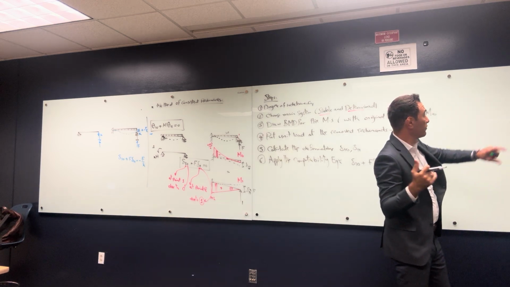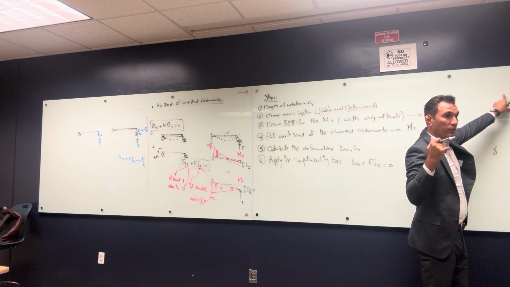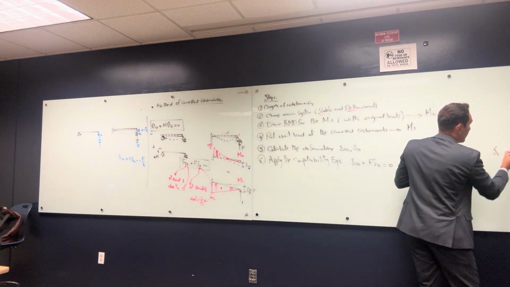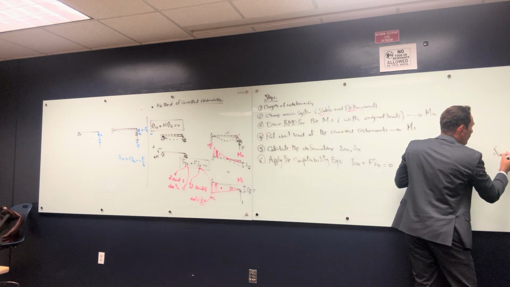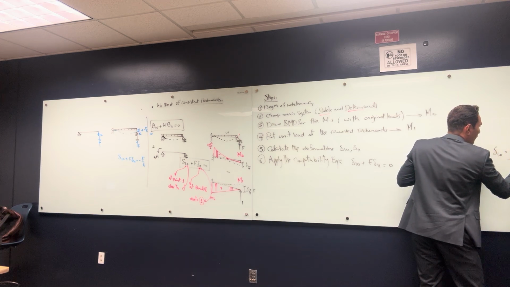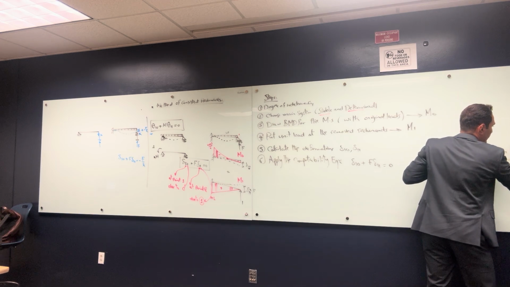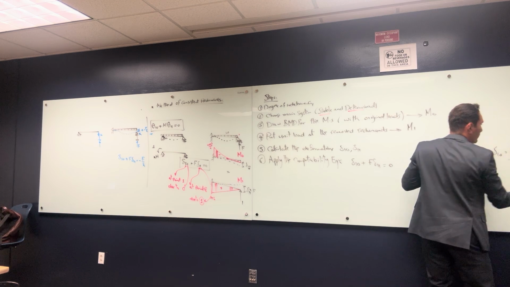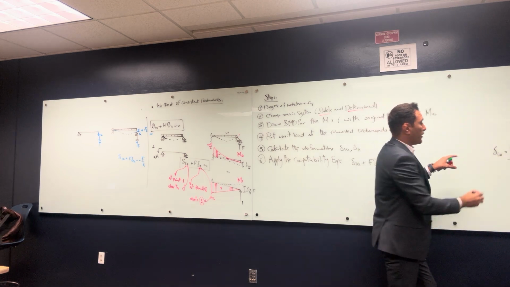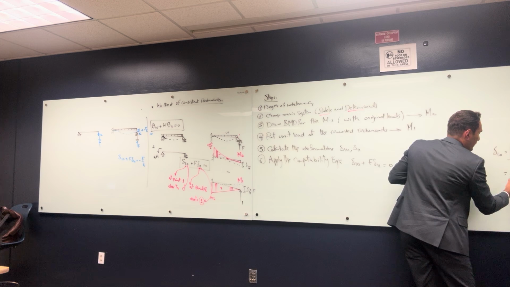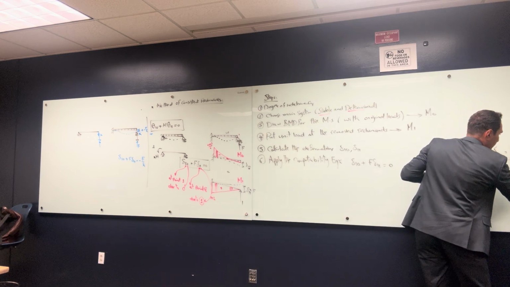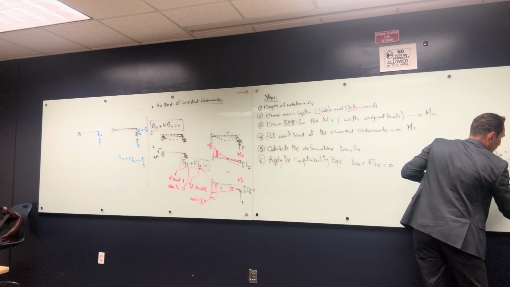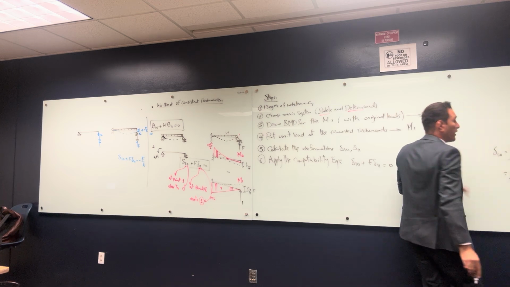I use the tables, and do you guys remember the tables? It's gonna be delta, and that's 1O, because this is O and this is 1. So delta 1O is gonna be the integration of M1 MO dL over EI. And I take 1 over EI outside, and then I integrate M1 MO dL. I use the table, and then I found out this value, right?